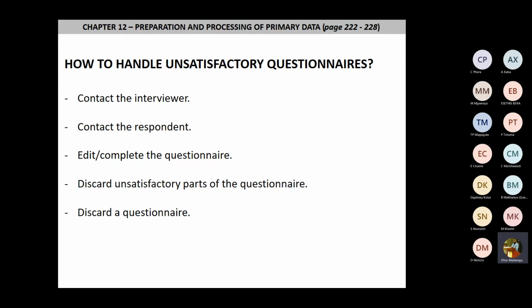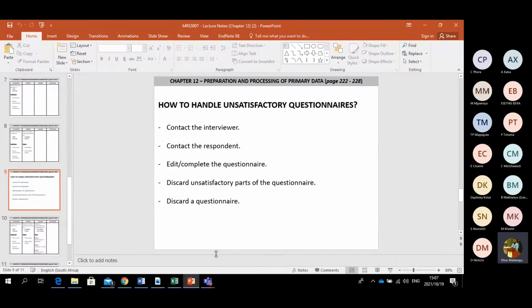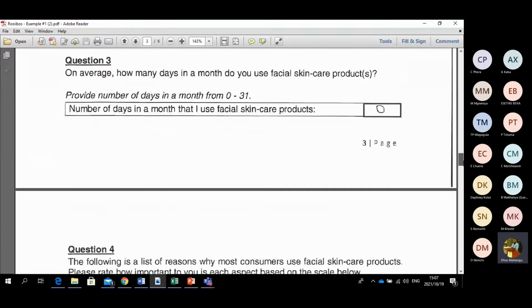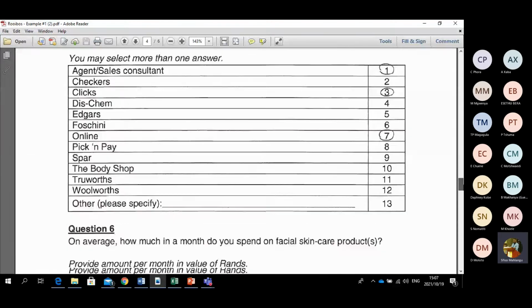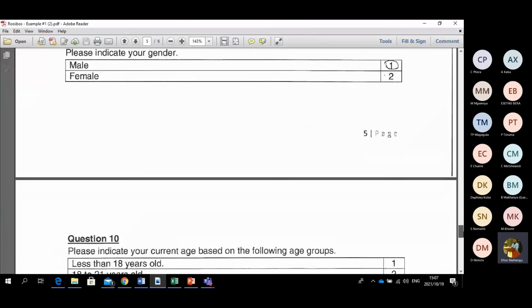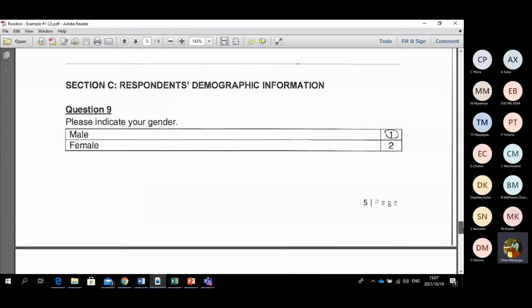Let's come to demographics, because that is a sensitive area. Most of the time respondents are not quite happy or motivated to complete demographic questions. For example, you'll find some questionnaires where, after question 9, all those questions were not answered.